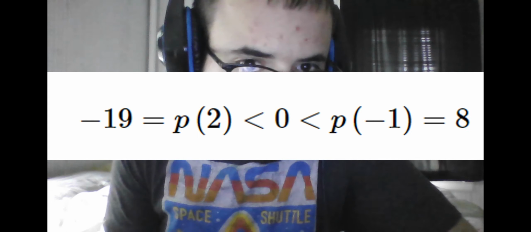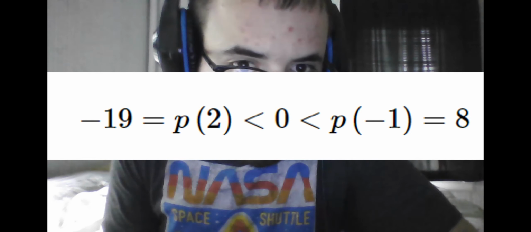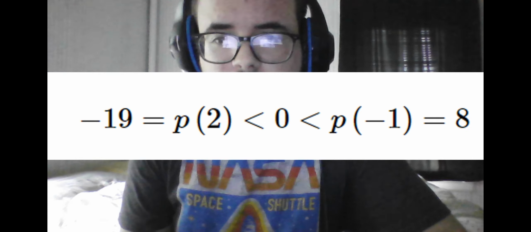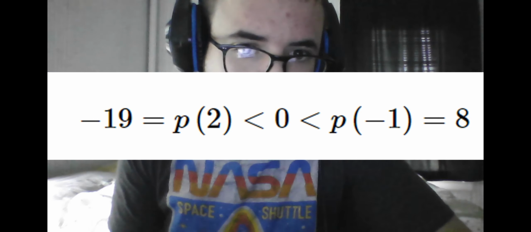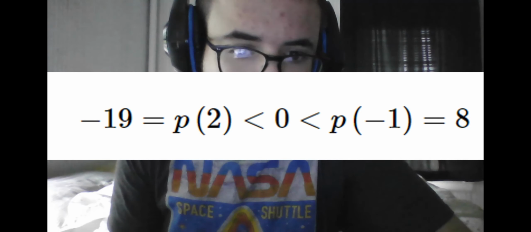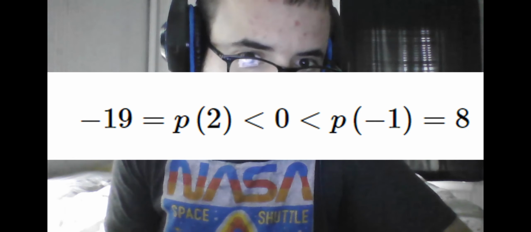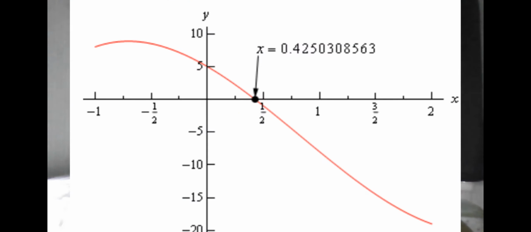And so in conclusion, the function must have a root between -1 and 2, as the function must equal 0 between these two endpoints. We can see, if we look at a graph of this function, that our guess was correct too, although unfortunately we do not know what the exact value of the root is. We only know it exists at this point.